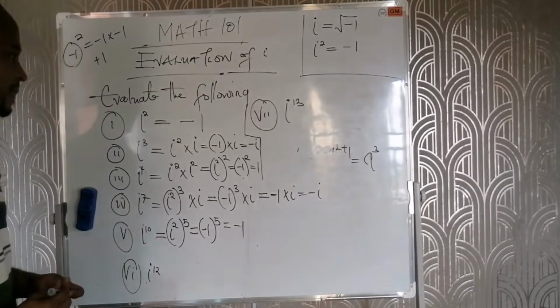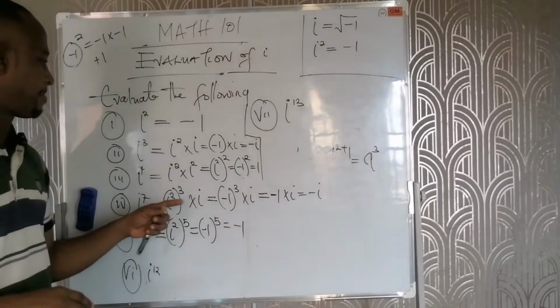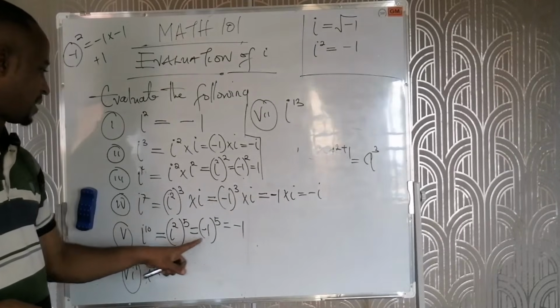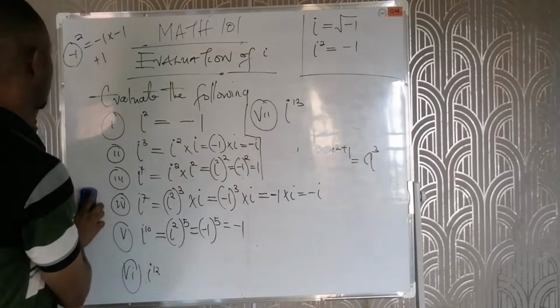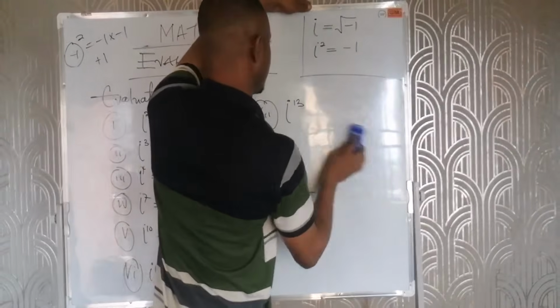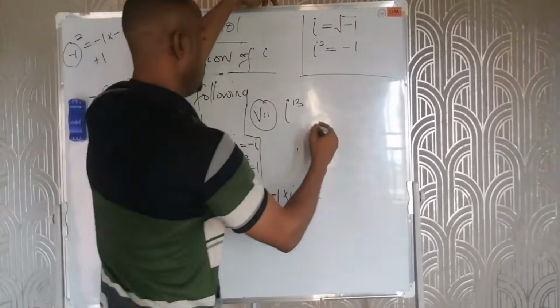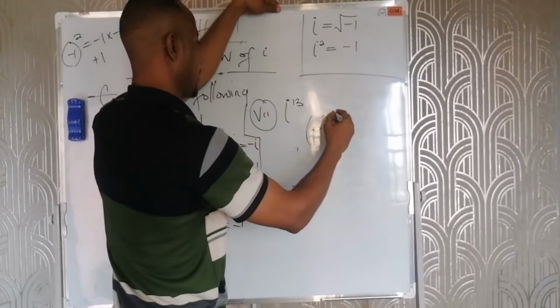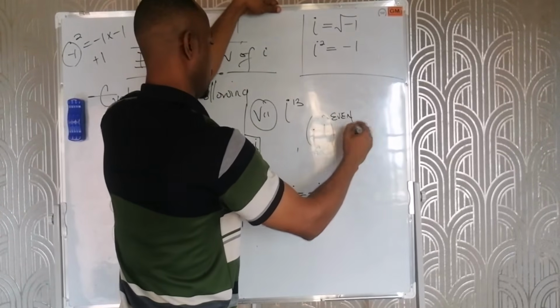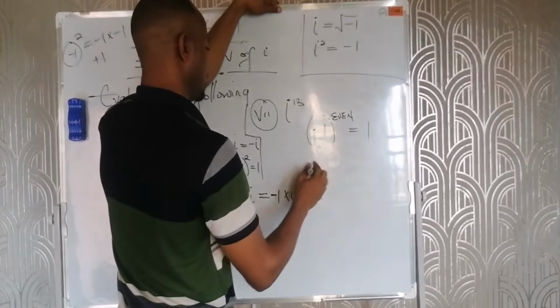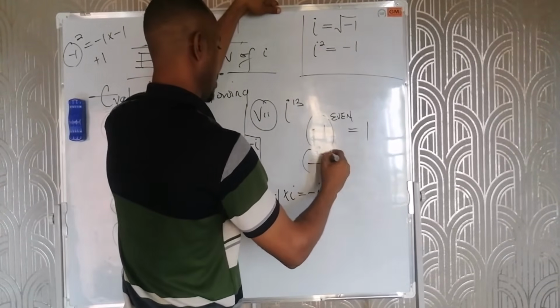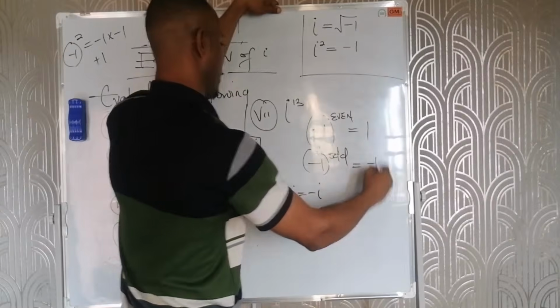What do you notice here? Anytime we are evaluating minus 1, let me show you something very important. Please take note that minus 1 raised power even number is equal to 1, but minus 1 raised power odd number is equal to minus 1.